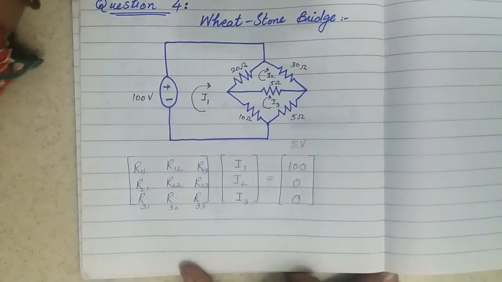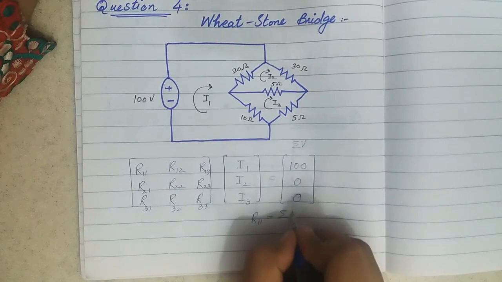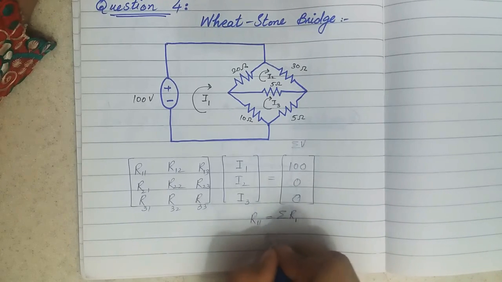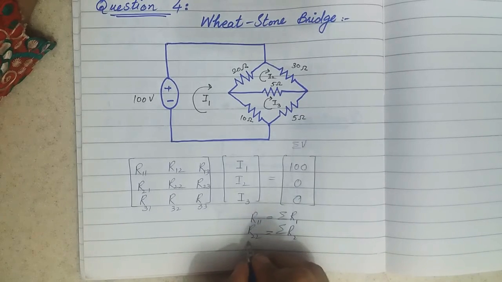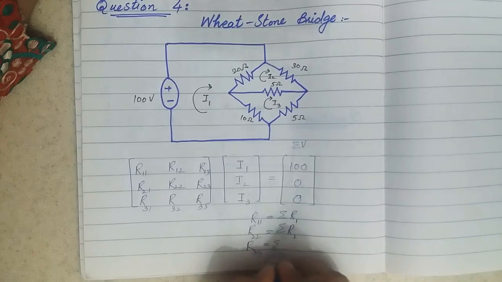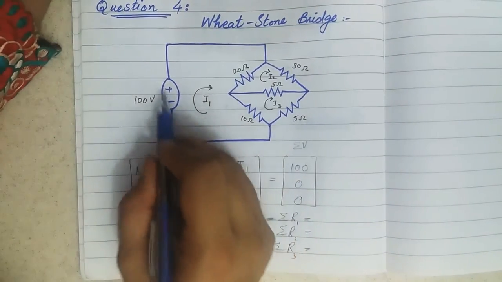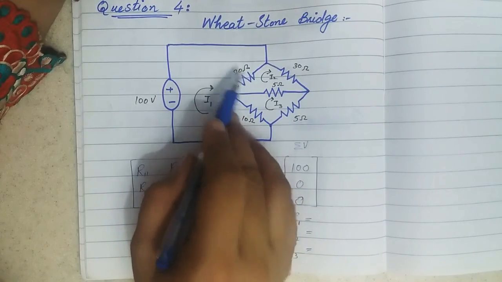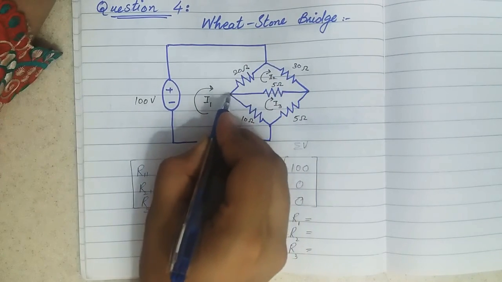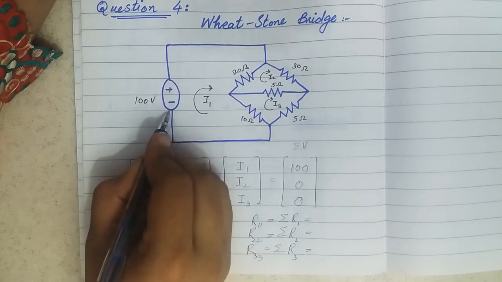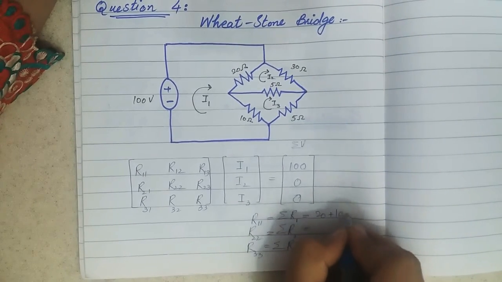Now we are going to find diagonal entries and then upper and below diagonal entries. As we know, R11, the first diagonal entry, is the sum of all resistance in the first loop, then the second loop, then the third loop. In the first loop there are 2 resistances, 20 and 10, equal to 30 ohm.